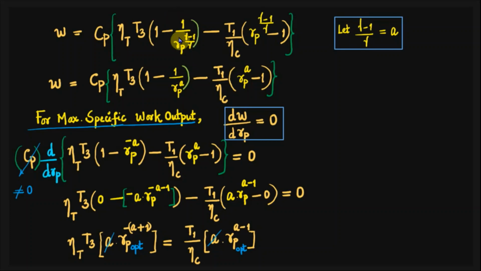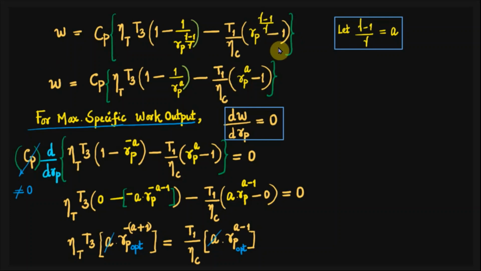Therefore T4 by T3 is 1 by Rp raised to gamma minus 1 by gamma. Then in the second term, we already got T1 by eta c outside. Then within the bracket, we had T2 by T1, and T2 by T1, you know, is Rp raised to gamma minus 1 by gamma. Then minus 1 remains there.